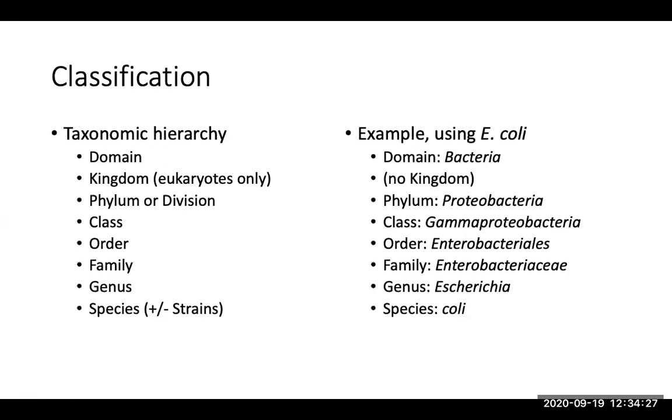And then what about strains? You see over here where it says plus or minus strains. So E. coli, for example, can have what are sort of like subspecies, where they are the same species. They're genetically very, very similar, but there are some small differences. Maybe they have a few different genes here and there, and this is what makes some E. coli strains pathogenic and some E. coli strains non-pathogenic.